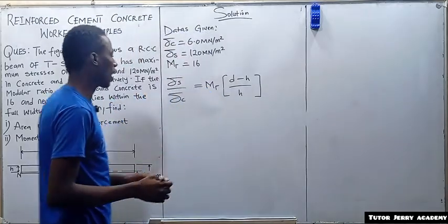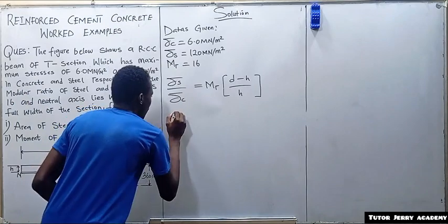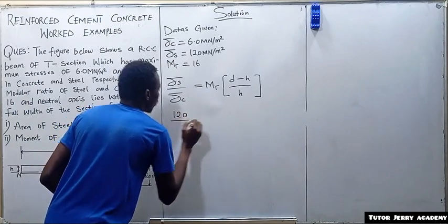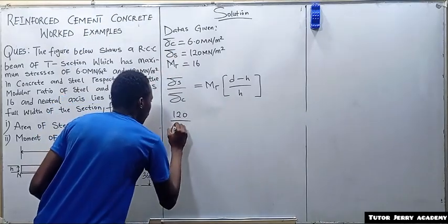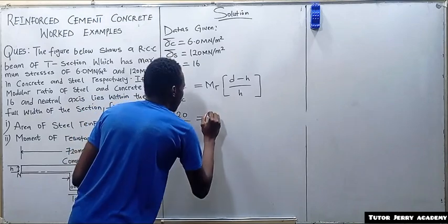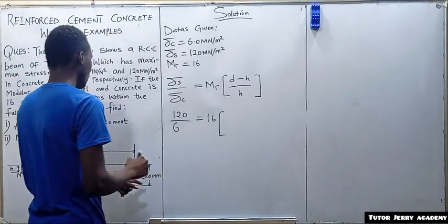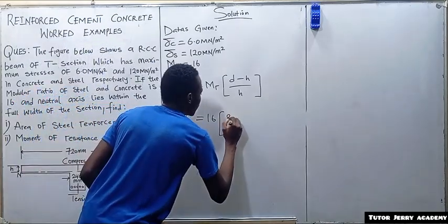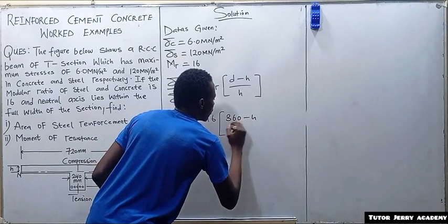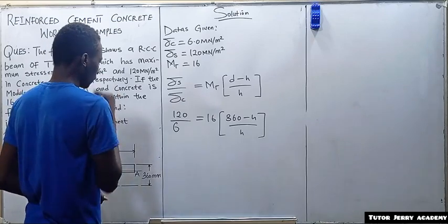So now let's substitute our values. We have sigma S to be 120, so we say 120 all over 6.0 is equal to m r, which is 16, into d minus h all over h, where d is 360.